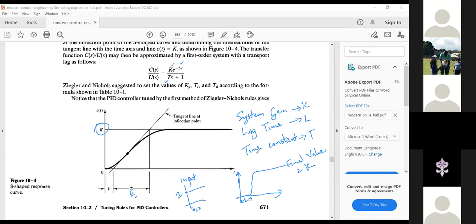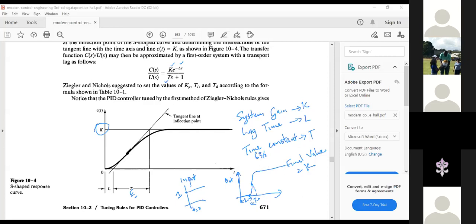By the definition of 63% or 68% or 67%, depending on what it is, you can measure the time from which it starts to reach 63% of the value, and you know that that is your time constant. And your lag time is the time it takes before the output moves to a non-zero value.